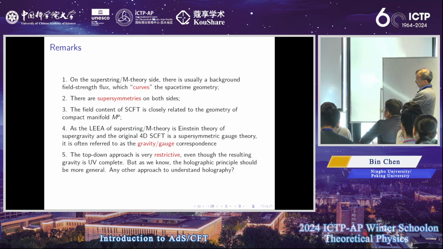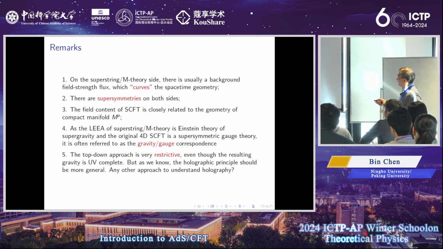As on the last slide, the top-down approach is somehow very restrictive. You have to start from some kind of D-brane system or M-brane, and even though the gravity is UV complete, with a well-defined quantum gravity, if you take this top-down approach, you only find a very restricted set of AdS correspondences, just those listed in the last slide.